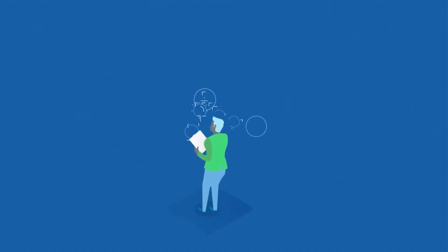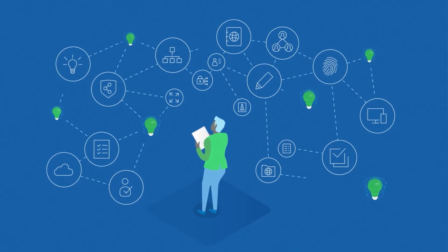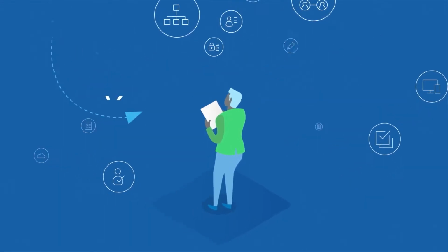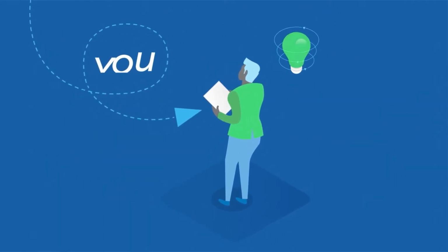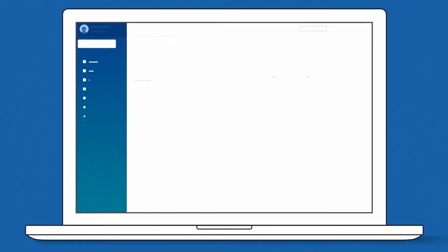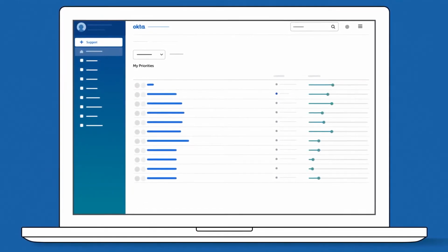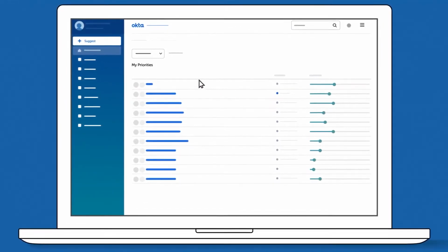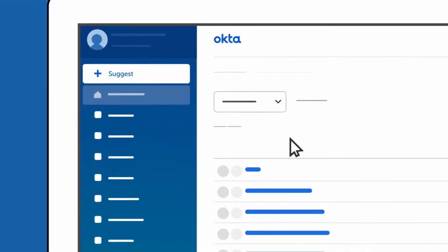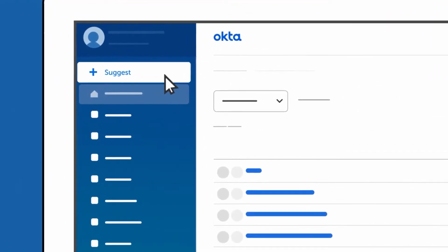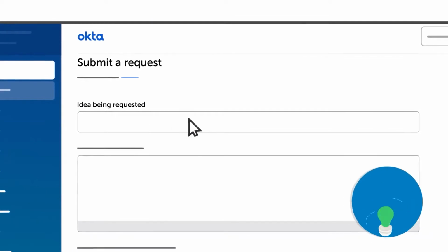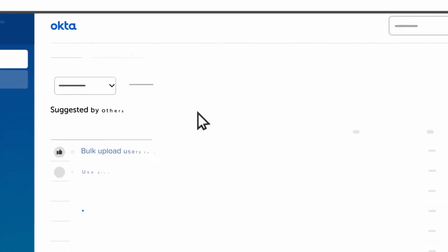At Okta, we know that great products are built on great ideas. And that includes your ideas. That's why Okta is launching Ideas, a simple centralized platform for you to quickly and easily provide feedback on Okta products. Open the Ideas dashboard and suggest your idea. Write a brief description of your idea, and it will be added to a list of related ideas from other people.